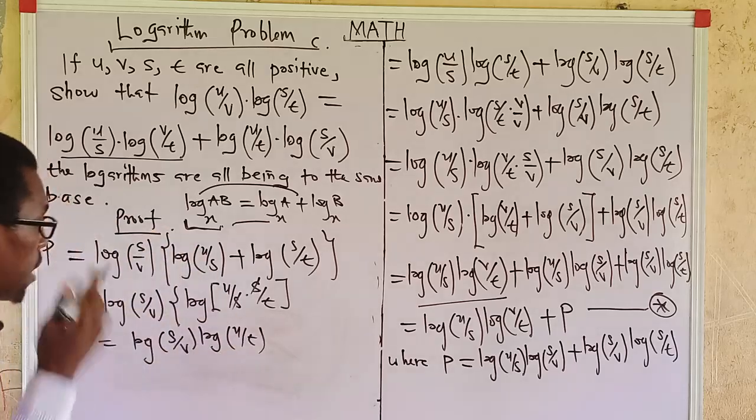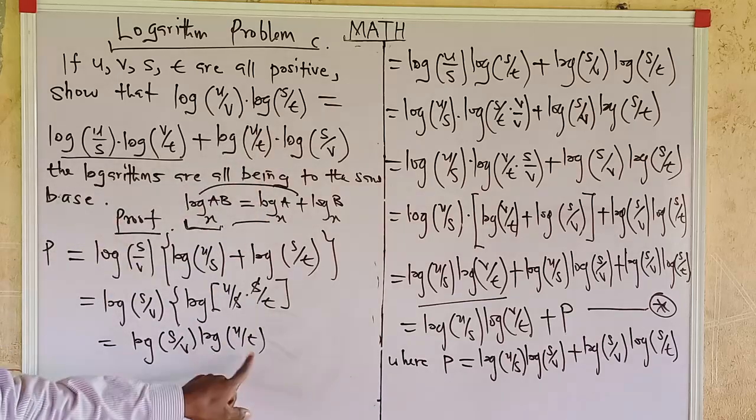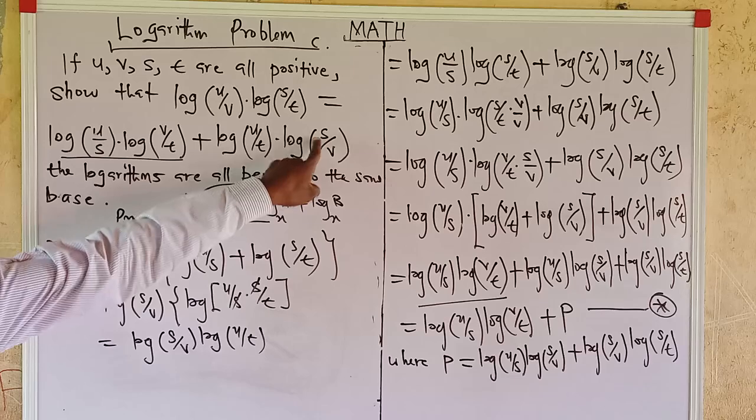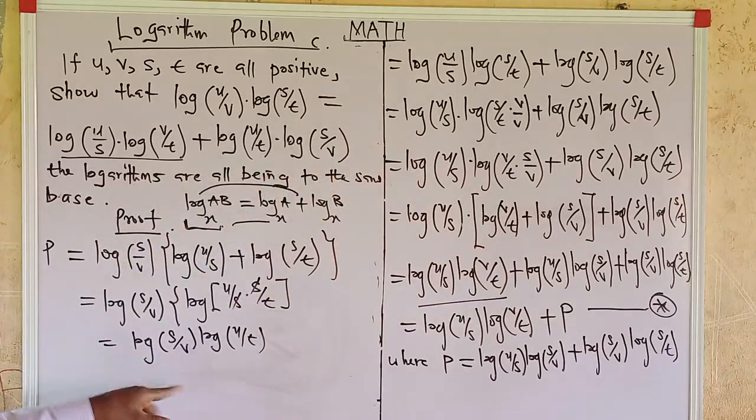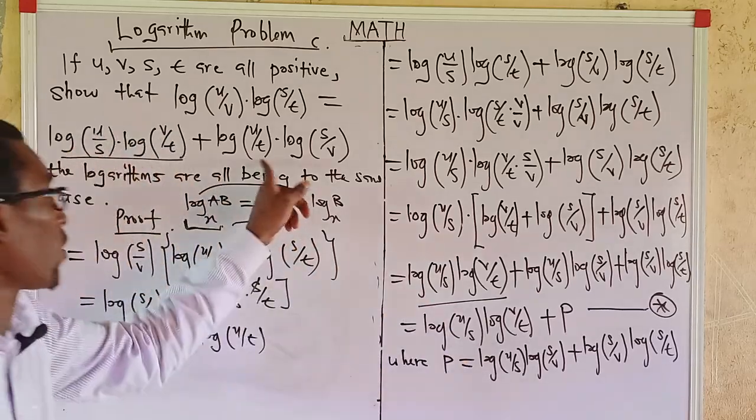Now let's observe. If you look carefully, you see that we have log to an arbitrary base of U over T, and that is also found here. Can you see it? And we have log to an arbitrary base of S over V, and that is found here. That means we'll be able to prove that P can be the second term.